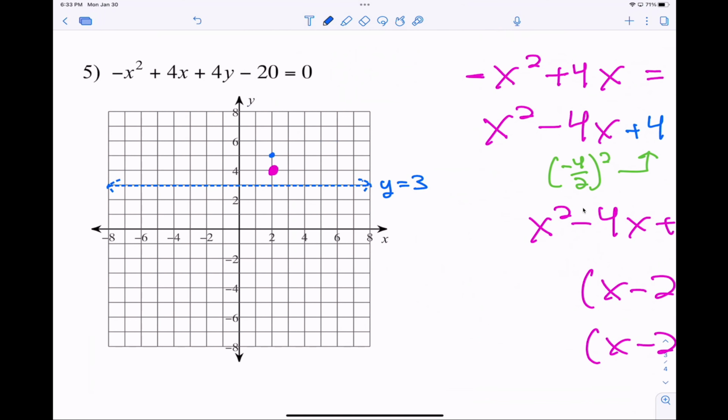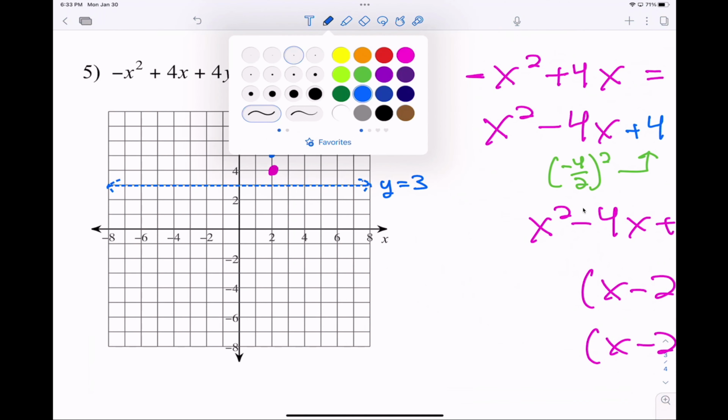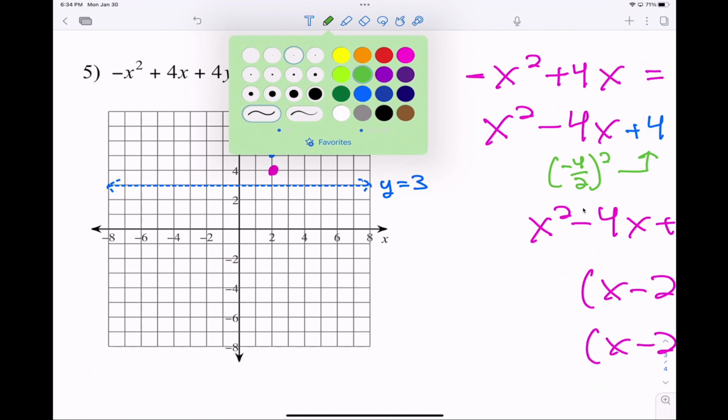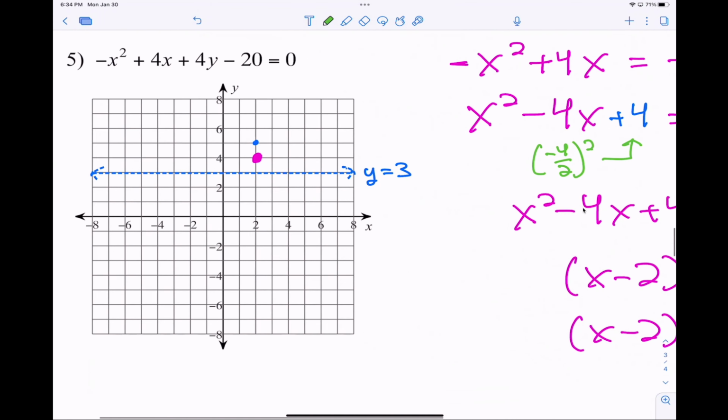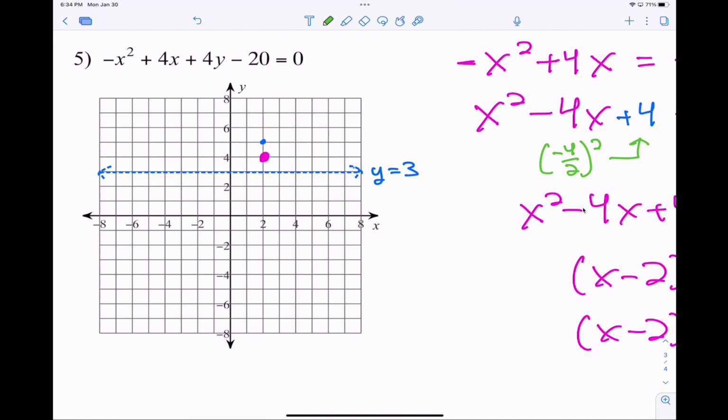Okay, I like 3 points for my parabola, so now I'm going to construct the other 2 points. P was 1, so I'm going to double that number, and I'm going to start at the focus and go parallel to the directrix 2 units in one direction and 2 units in the other.